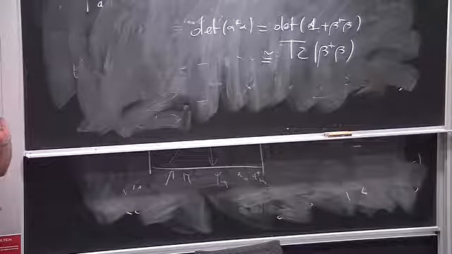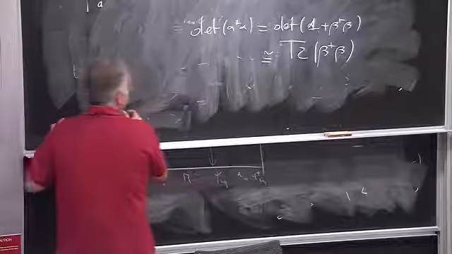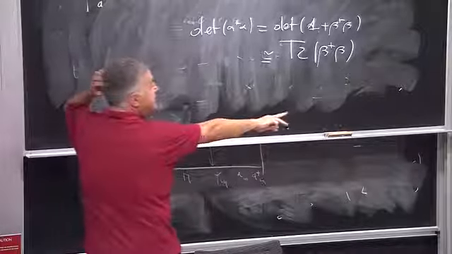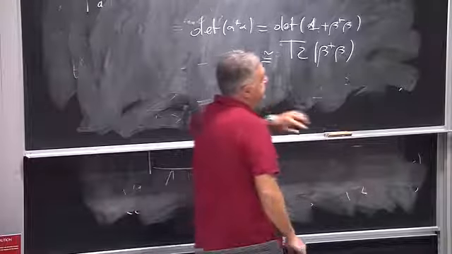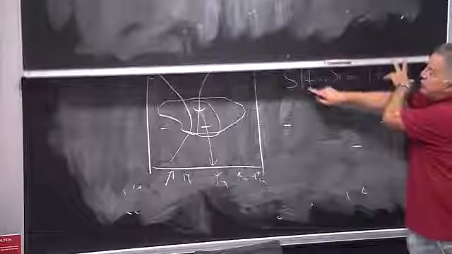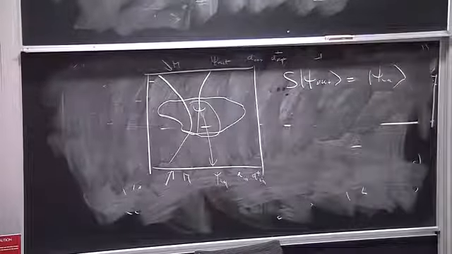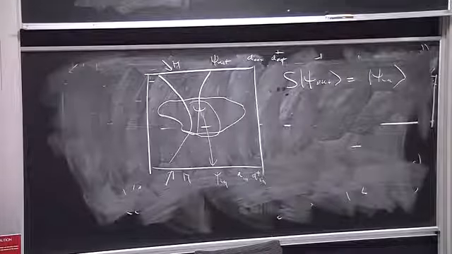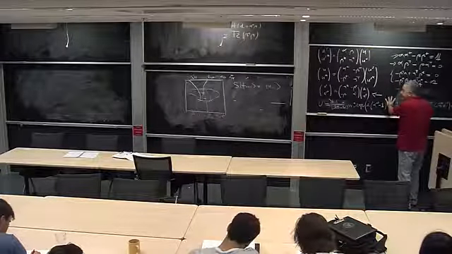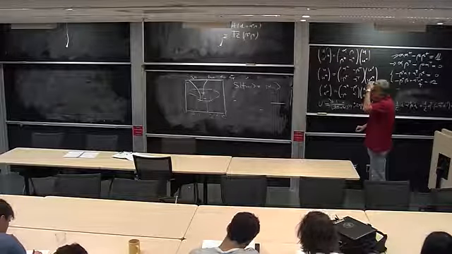And how do you interpret the trace of beta star beta? If you think of the S matrix as relating the out operators to the in operators, you write everything here in terms of the in operators, and this is the S matrix, provided the same thing exists.